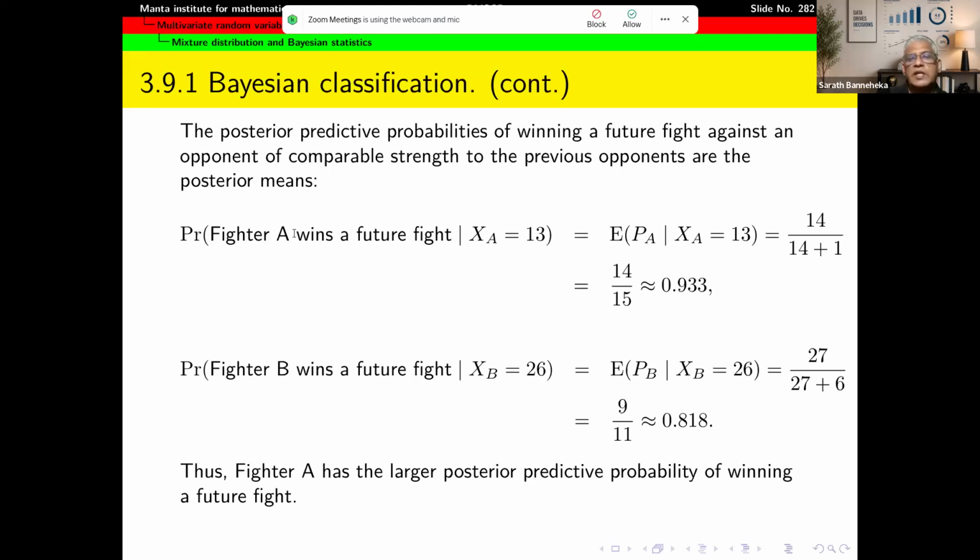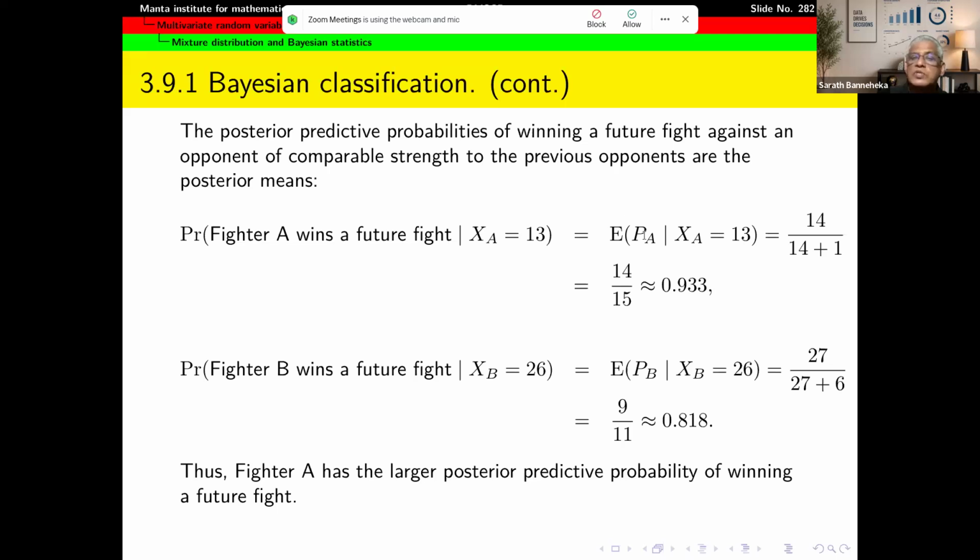That can be interpreted as the probability that fighter A wins a future fight, given the observations that we have. That is given by the expected value of the posterior distribution, the expected value of PA given XA. So this is the posterior expectation.